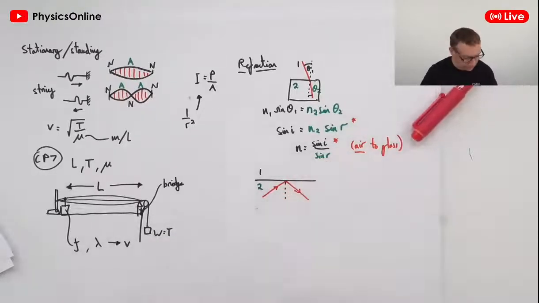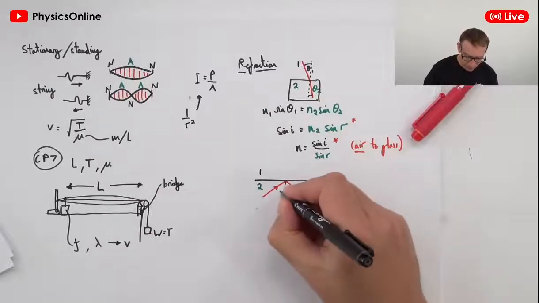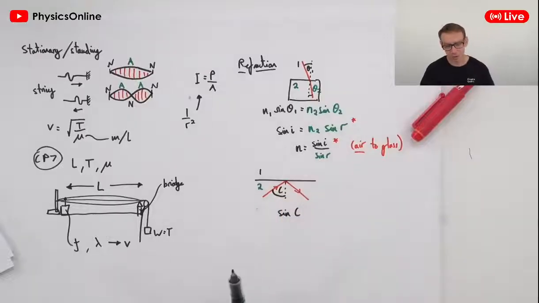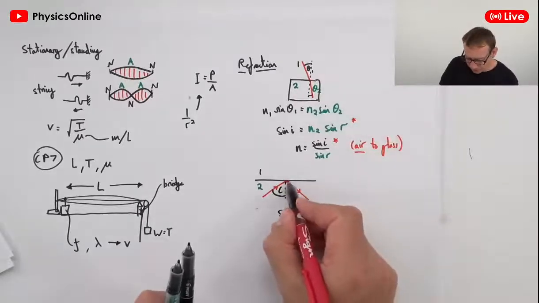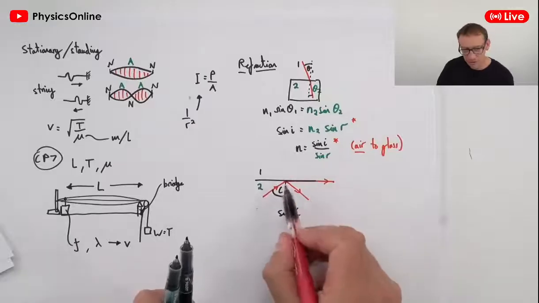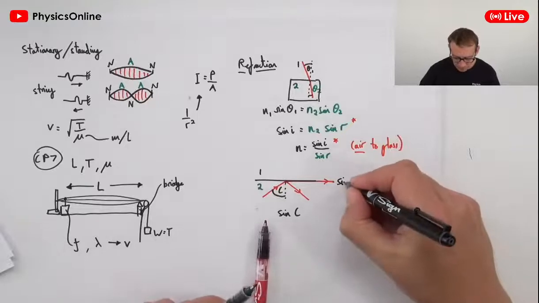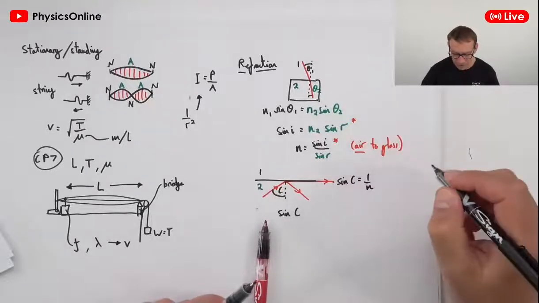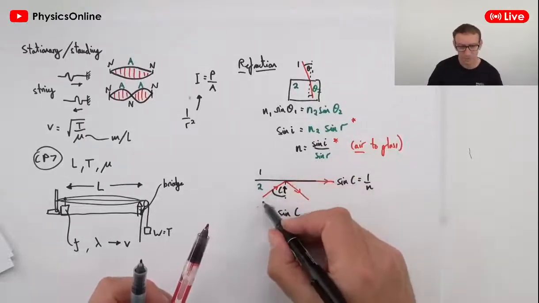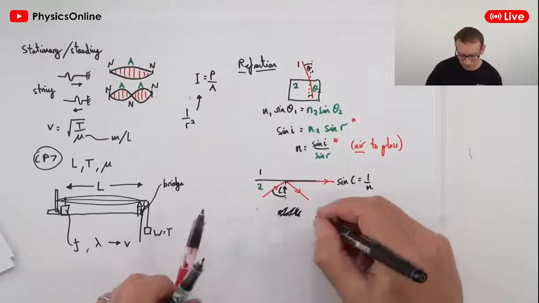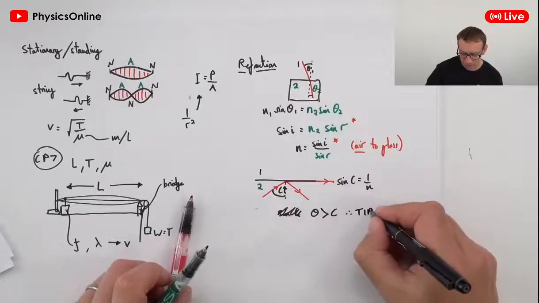So looking at this, we can say that sine C, and Edexcel use a capital C to represent the critical angle. The critical angle is when all of that refracted light comes out along the boundary. So sine C is equal to 1 over n. Now of course, if the angle theta is bigger than the critical angle, we get total internal reflection.